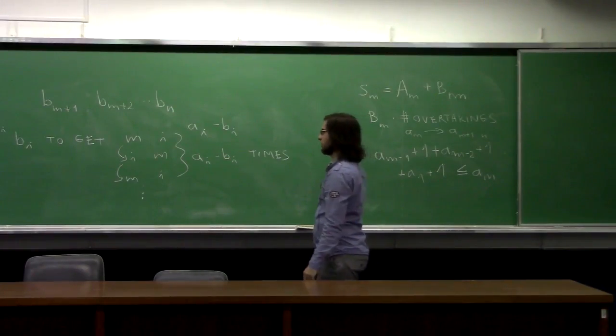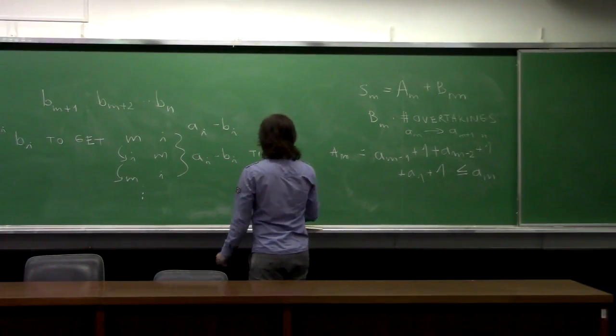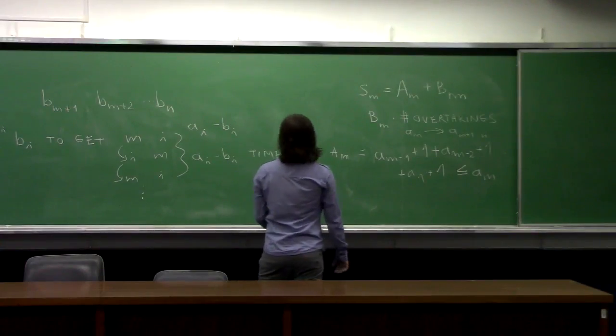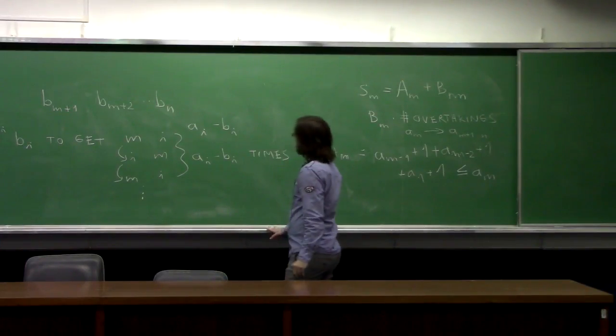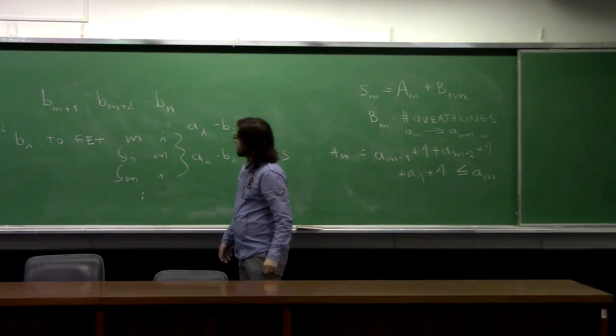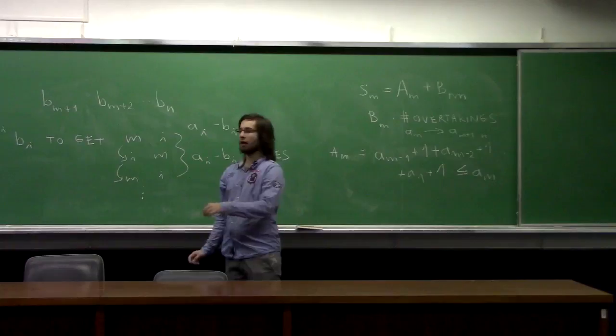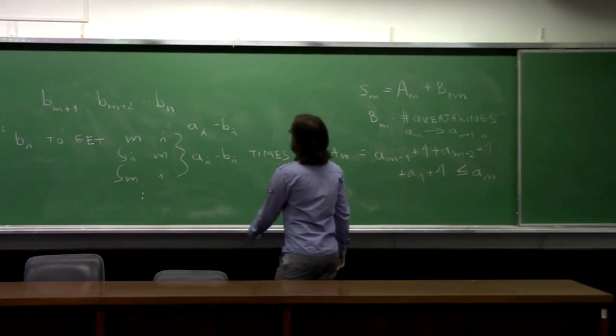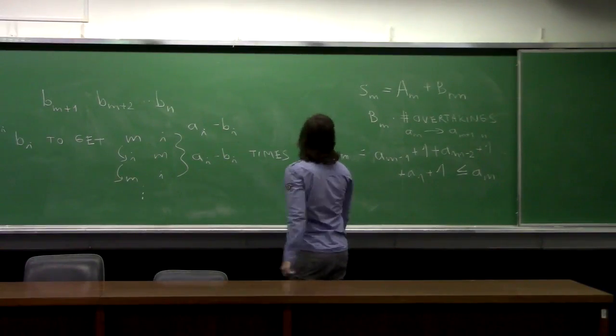So if this could happen, then the number of overtakings where M overtakes I increases by AI minus BI.